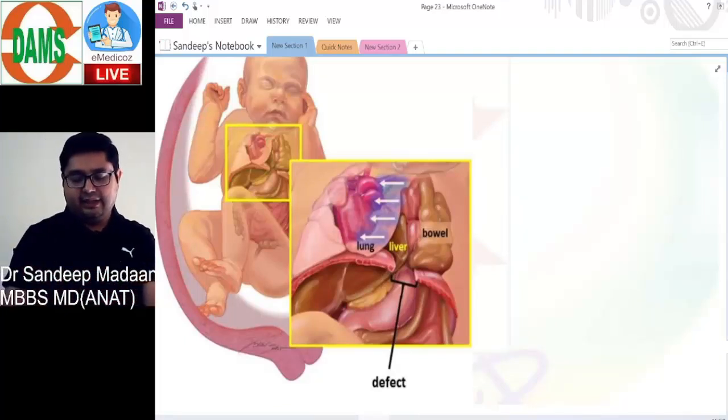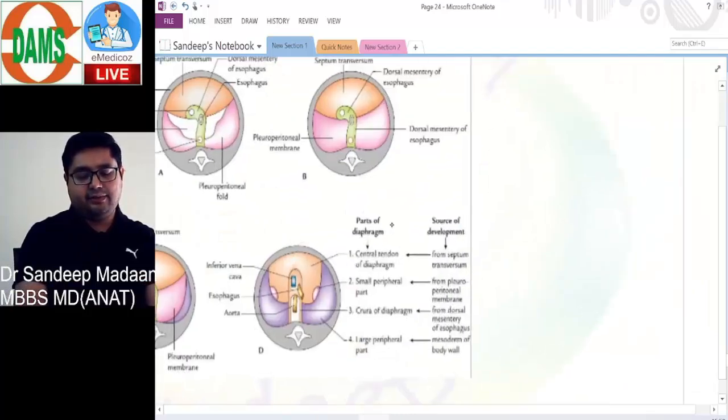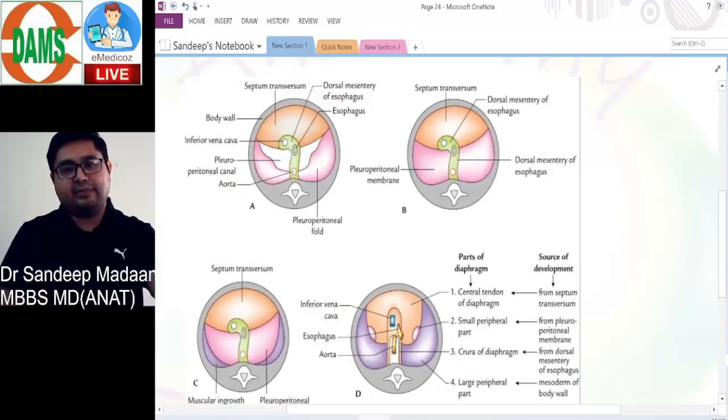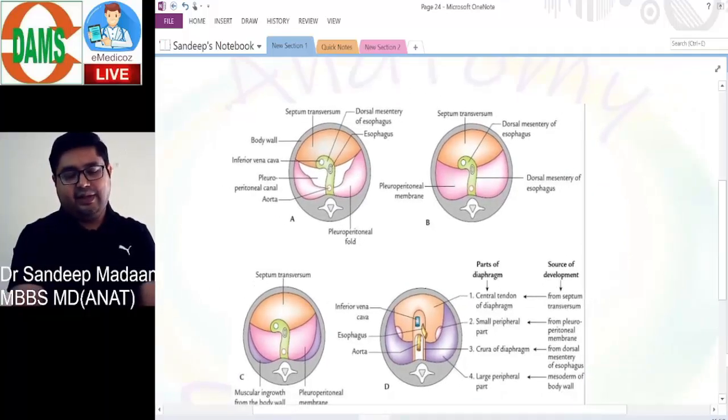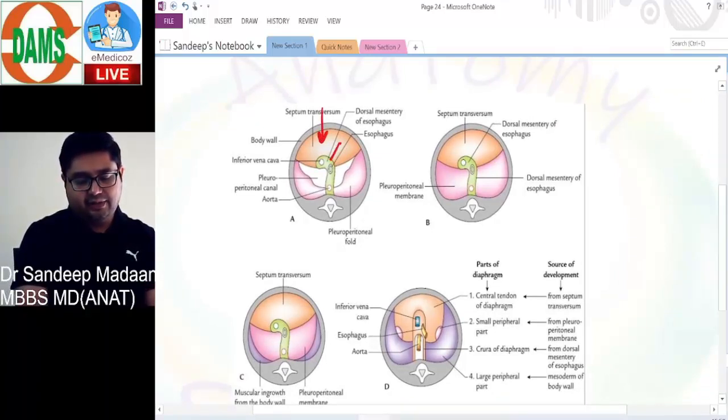To understand that, let us discuss the embryology of the formation of the diaphragm. See, here initially we have the septum transversum, right? We have the dorsal mesentery of the esophagus, and here you can see the pleuroperitoneal fold.